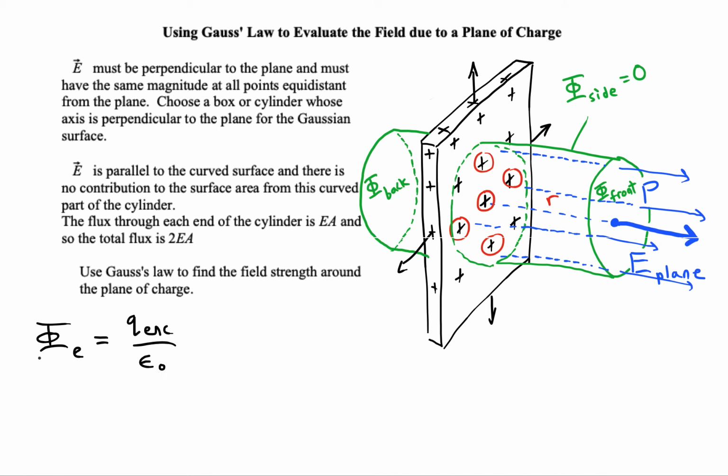I'll replace the electric flux with this. Now, by symmetry, the flux through the front is going to be the same as the flux through the back.